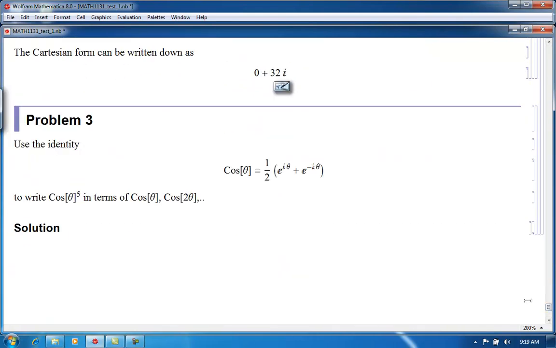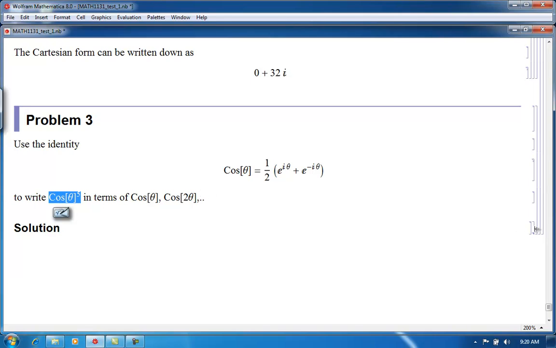Now we go on to problem 3, and we're asked to use this identity that the cosine of theta is half the sum of e to the i theta plus its conjugate e to the minus i theta, to express cos to the fifth theta in terms of cosine of theta, 2 theta, and so on.